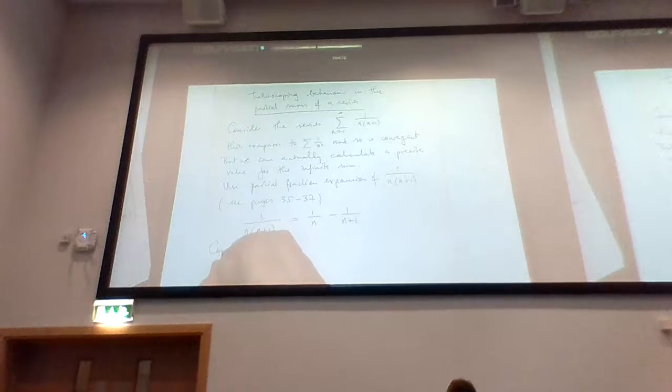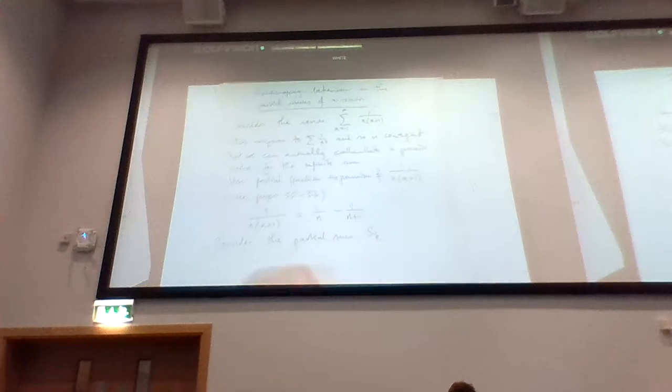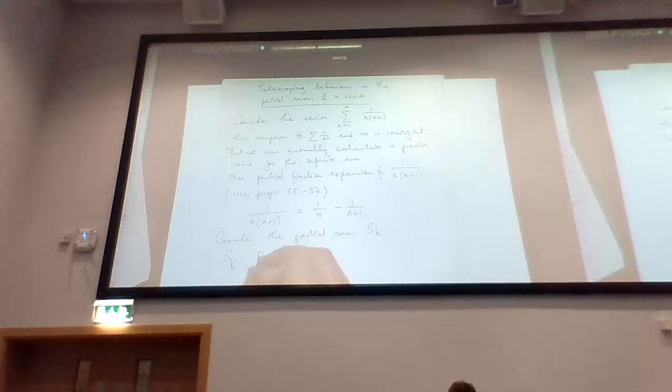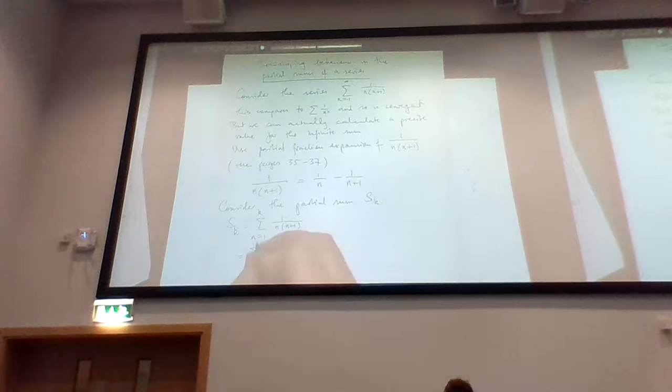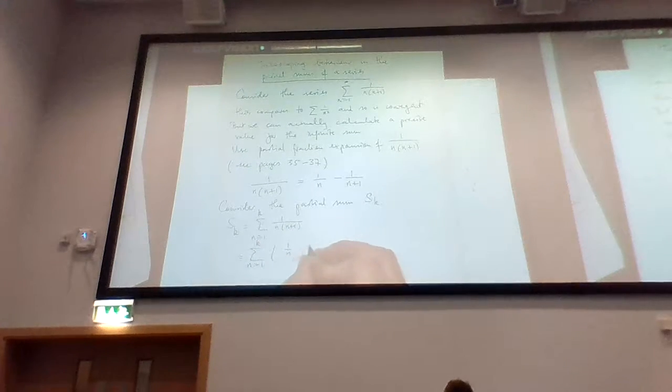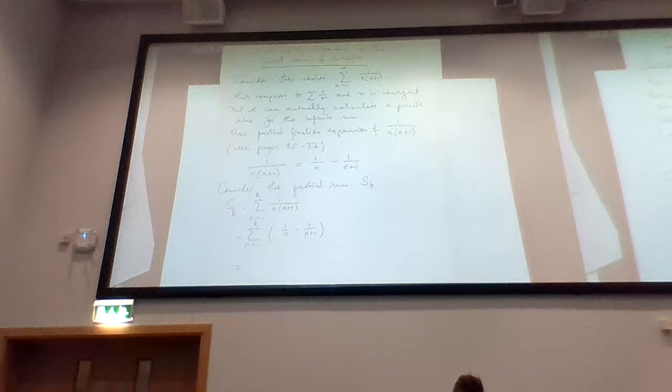But if we consider the partial sum, let's call it Sk, so Sk is the sum from n equals 1 up to k of 1 over n times n plus 1. When we change the representation and instead use 1 over n minus 1 over n plus 1, when n equals 1, you get 1 minus a half.